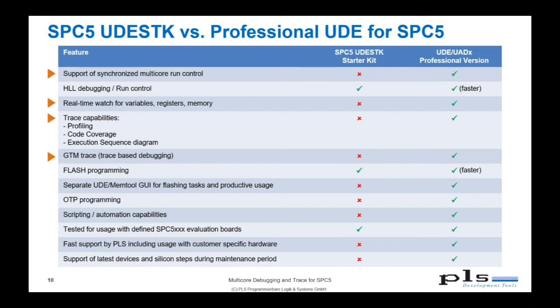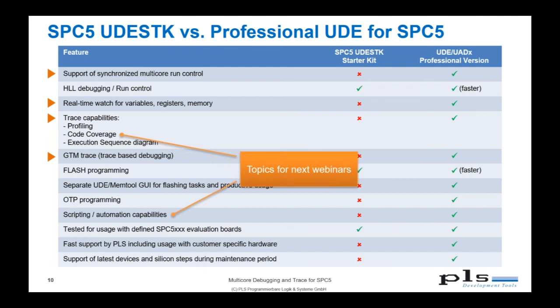Here highlighted the functions that I have shown to you during the demo. So multi-core support, trace capabilities I have shown, and also real-time watch for variables, registers, and also memory is possible, that I have not shown here. And also I have given you a short overview what is possible with GTM trace, because GTM debugging is not possible in a traditional way with the SPC5 devices.